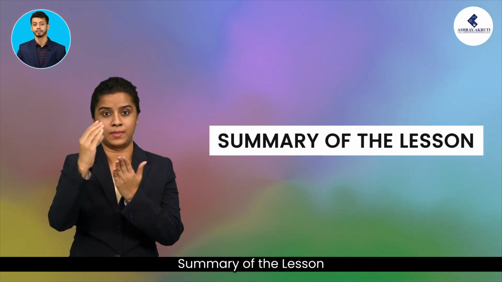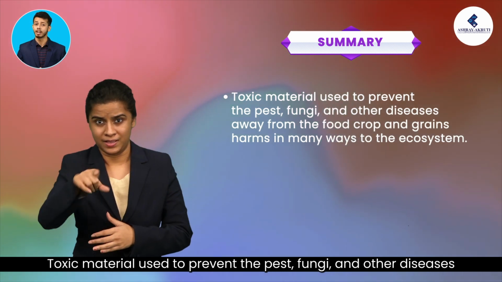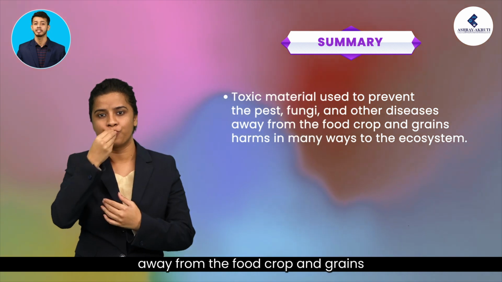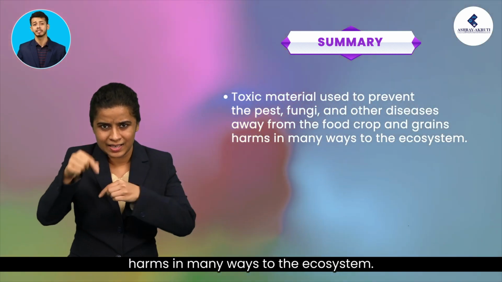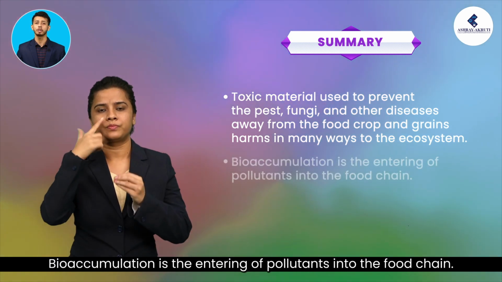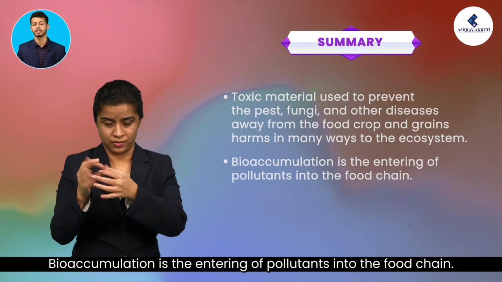Summary of the lesson: toxic material used to keep pests, fungi and other diseases away from the food crop and grains harms the ecosystem in many ways. Bioaccumulation is the entering of pollutants into the food chain.